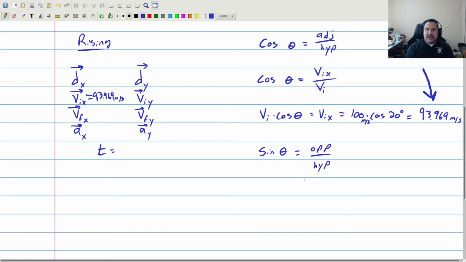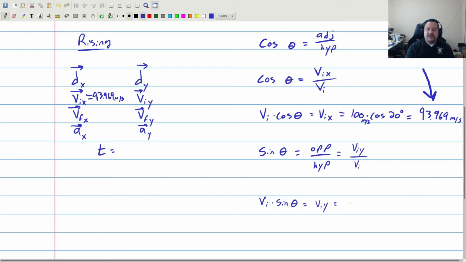So in this case, sine of theta is equal to V initial y over V initial. So I'm going to multiply by V initial, and I will get V initial times the sine of theta is equal to the opposite side, or I guess we'll just call that V initial y.